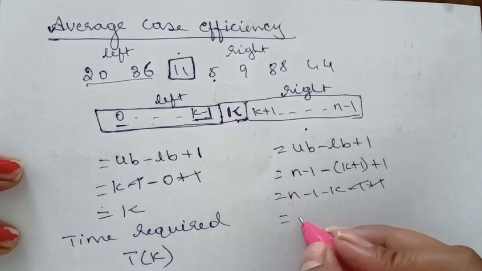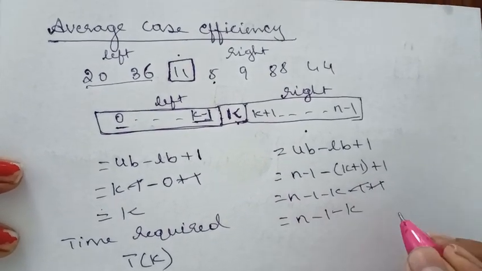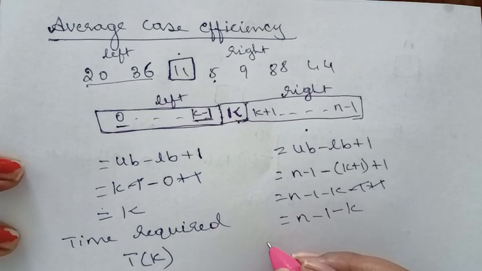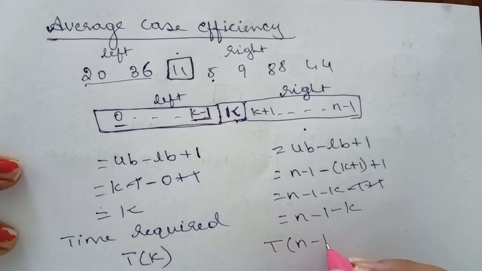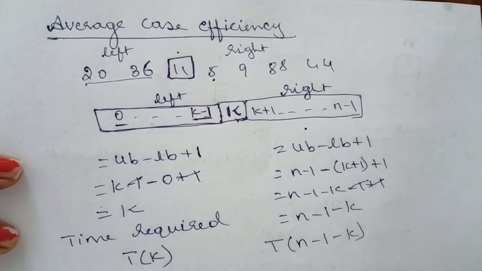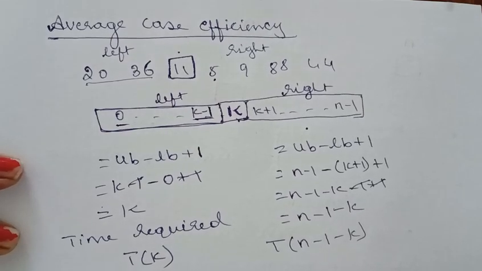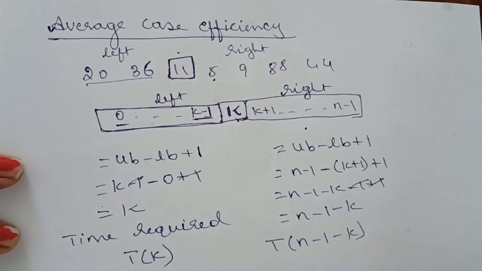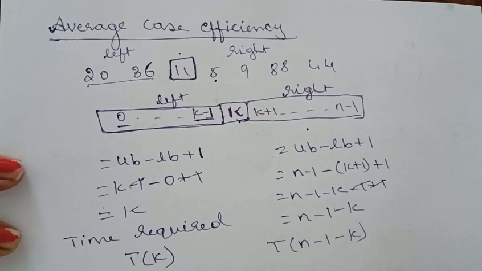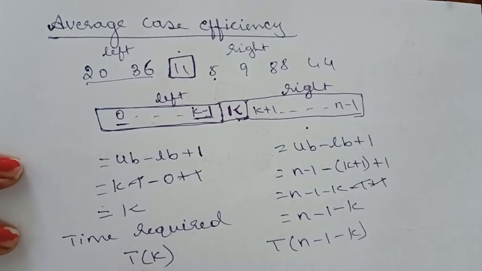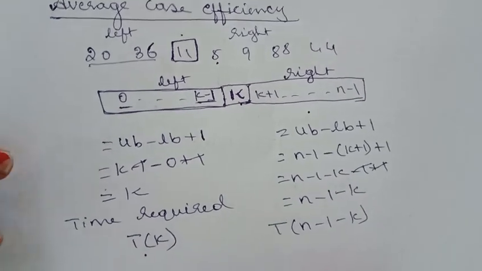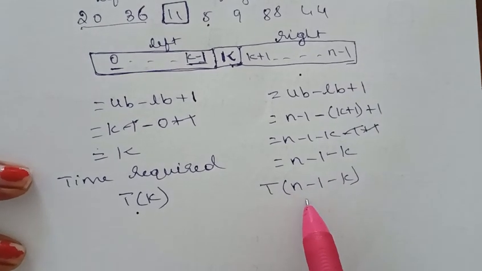This will get cancelled. I'll get n minus 1 minus k. So time required is T of n minus 1 minus k. This is the time required for the right part of the array. So we have got the time required for the left part and for the right part of the array.